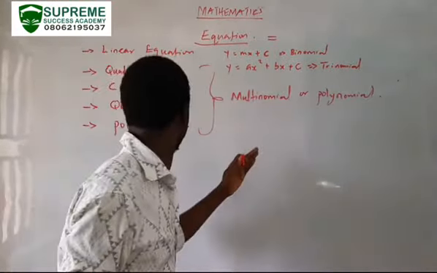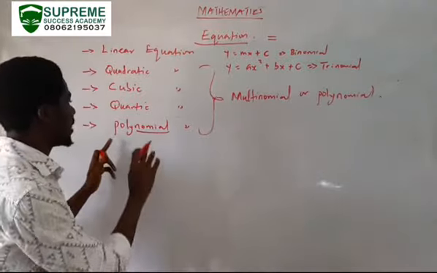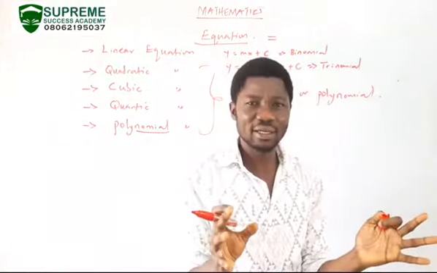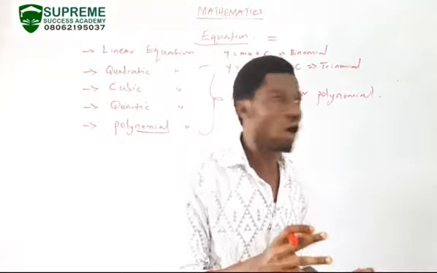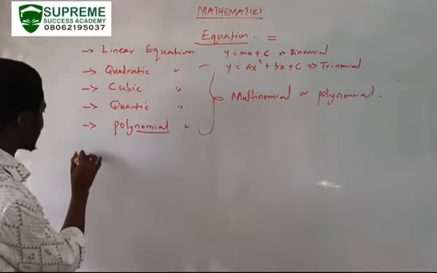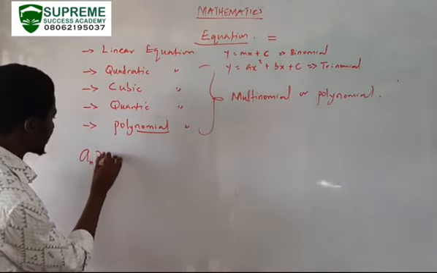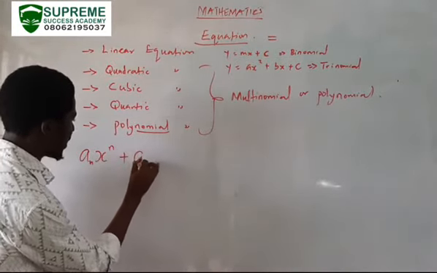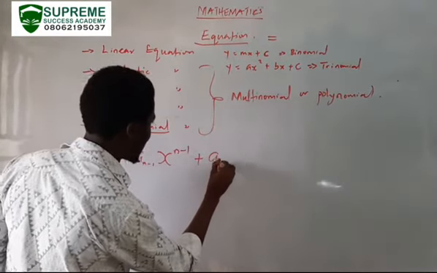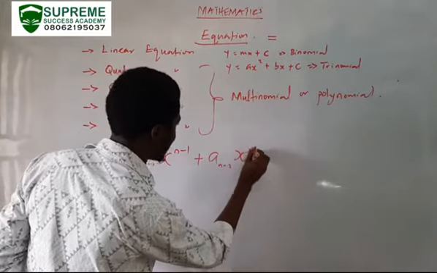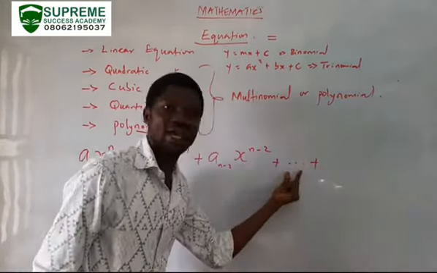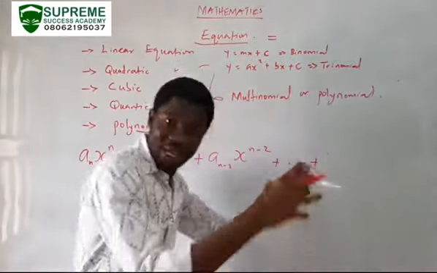But I want to now let you understand some concept: polynomial is a general family of every equation. All equations come from this. How? Okay. You remember this? a_n x^n plus a_(n-1) x^(n-1) plus a_(n-2) x^(n-2), can you see? Plus dot dot dot. This, we call ellipses in mathematics. It shows that there are terms in between.